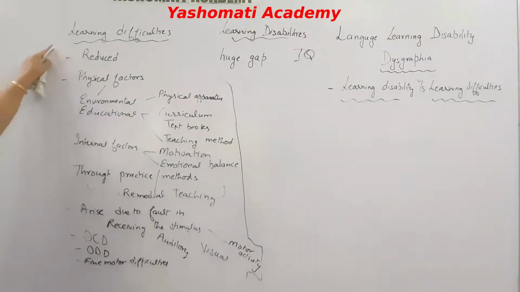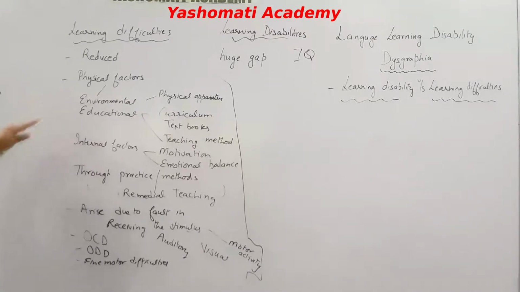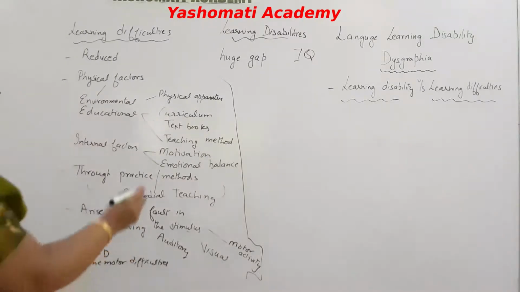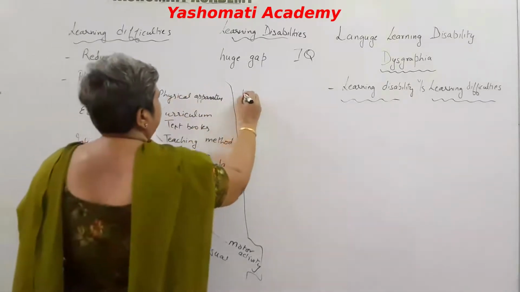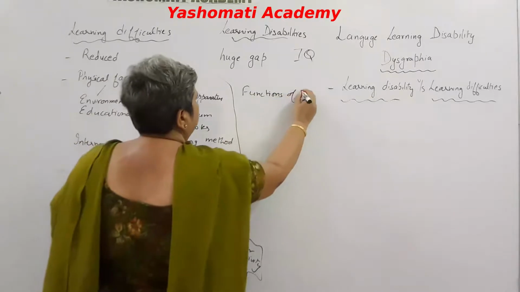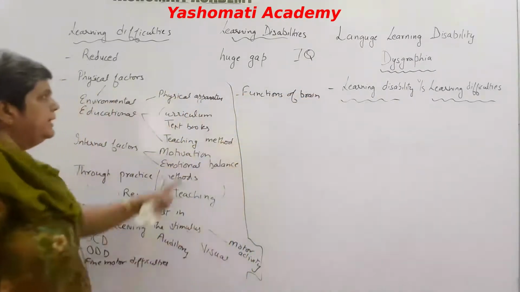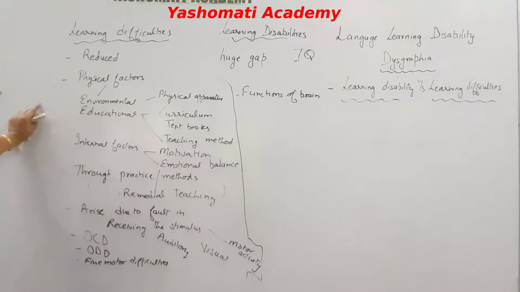In learning difficulties, the reason is related to physical factors, whereas in learning disabilities, the factors are related to functions of the brain. Because the brain is not functioning properly, certain disabilities appear.